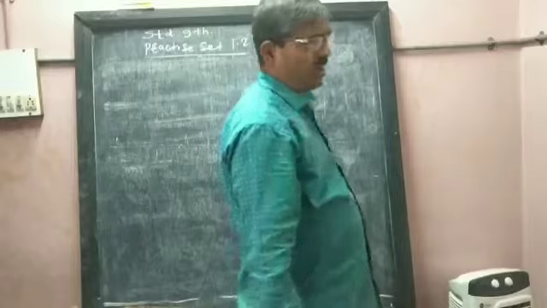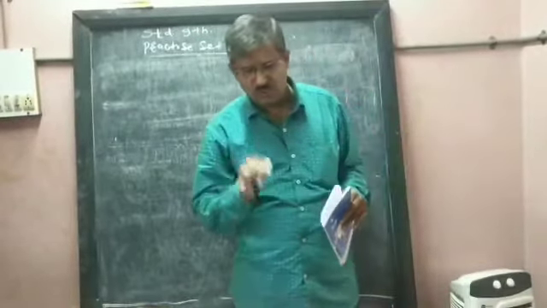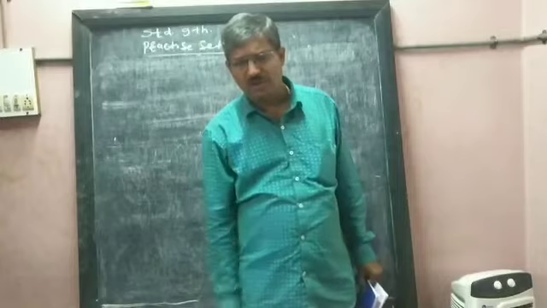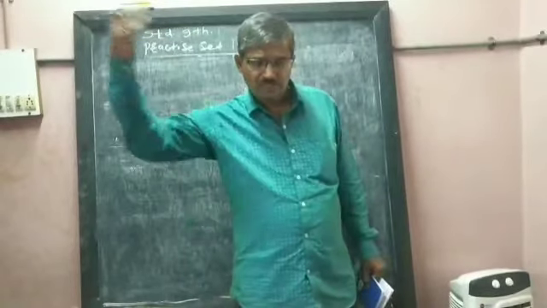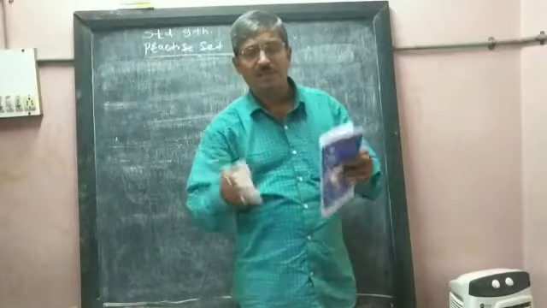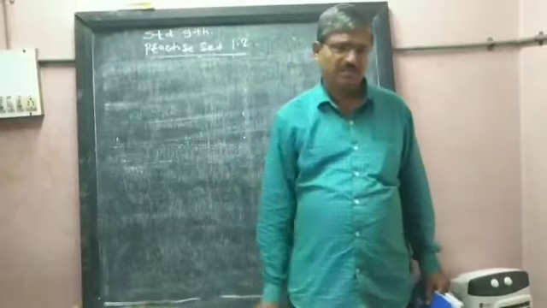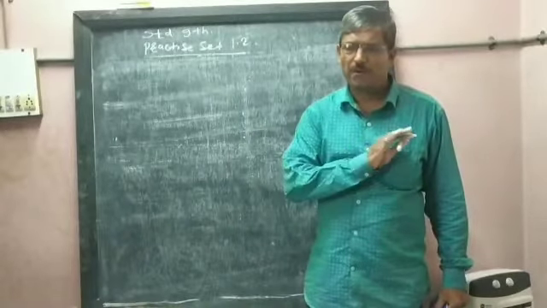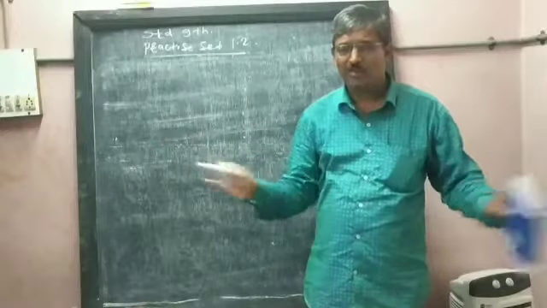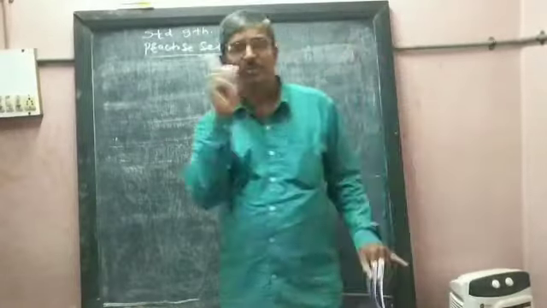Second, we studied finite and infinite sets. The sets whose elements are countable are called finite sets. Infinite means whose elements are uncountable. Empty set means a set which doesn't have any element at all.